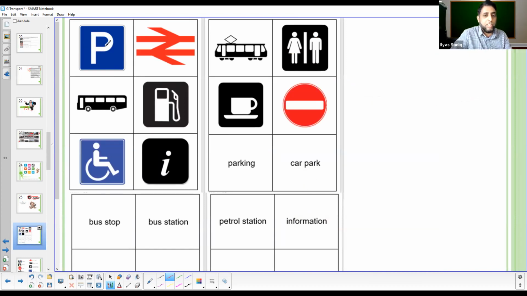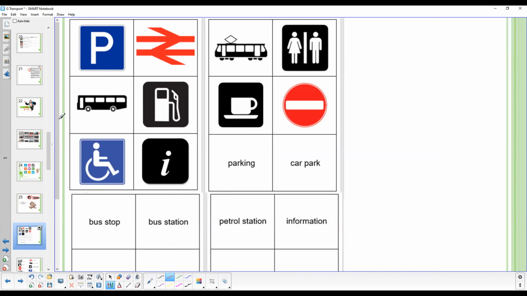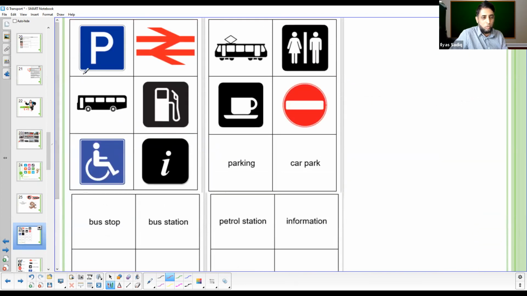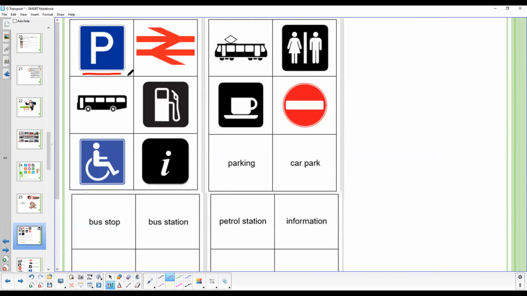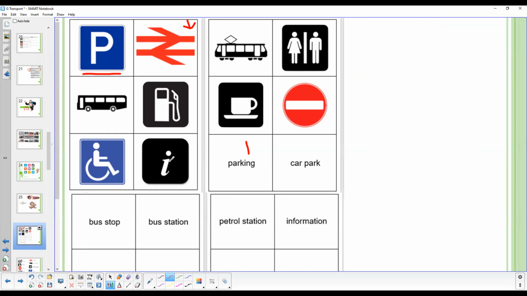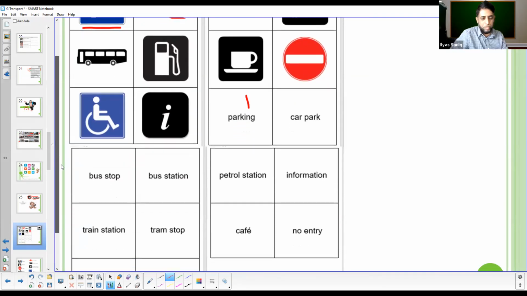So we have some of the signs when we're traveling all around, and we should be able to understand these signs so we can easily find things. What does this P stand for? Parking. Car parking or car park, that's the same thing. If you are in big cities like London, you might know this one.